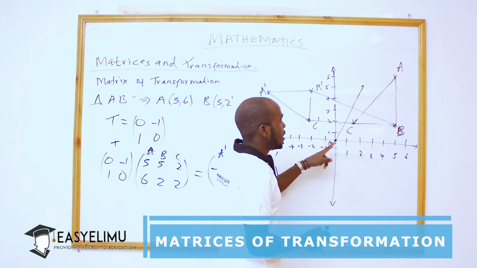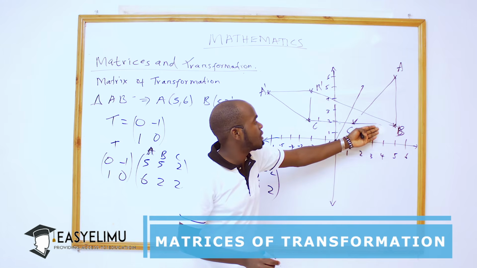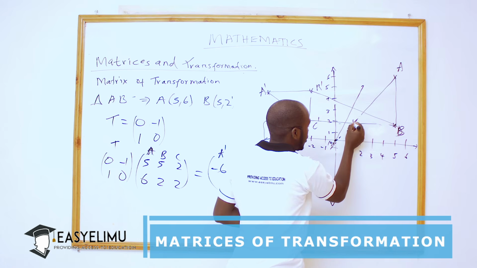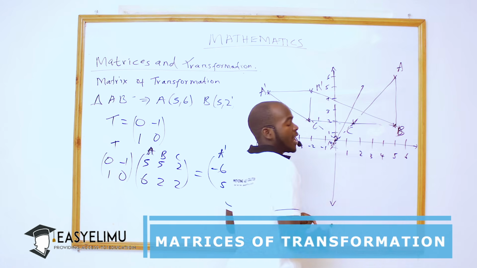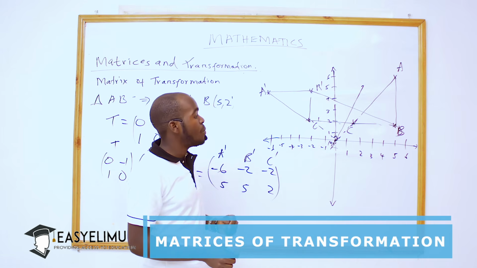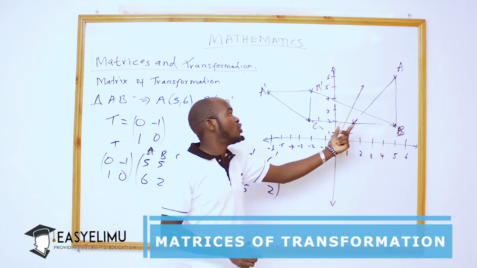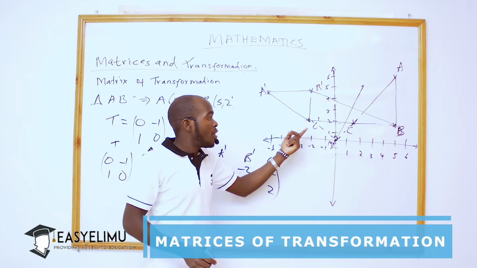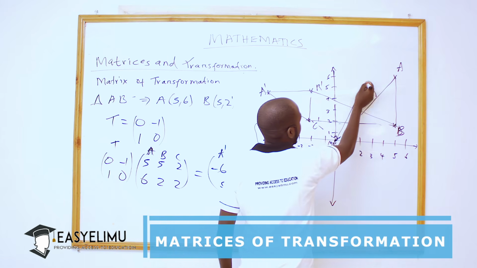And on this point, if you want to see which kind of transformation that is, you can see here that this one has been mapped to this one. So meaning, if you take this point from here to here, you can see that this is perpendicular to that one. So meaning this one has been transformed from ABC to another triangle A prime, B prime, C prime through a positive quarter turn going the other direction.